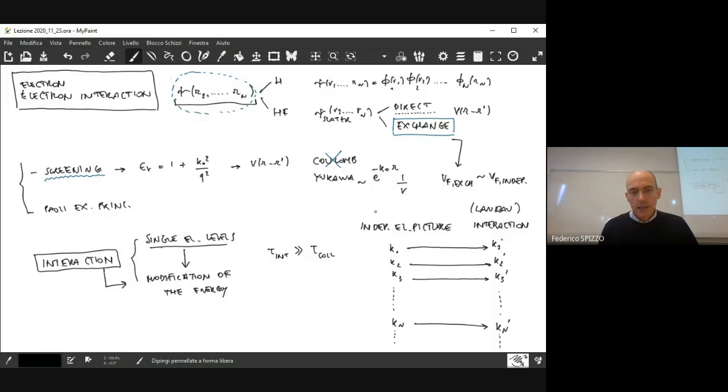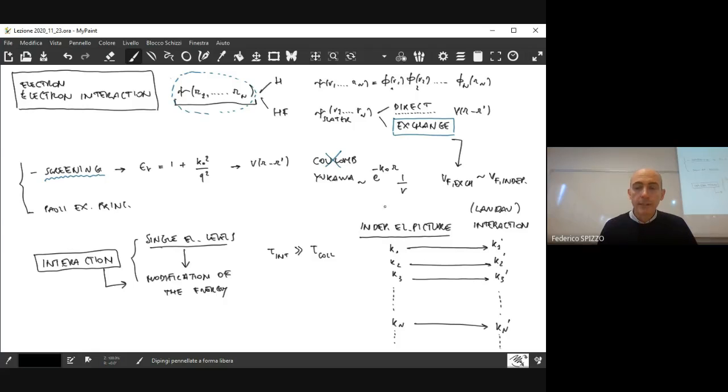Someone calls this electron a quasi-electron because it's not actually just an electron, but is an electron interacting with all the other electrons. So in this picture, if you were able to turn on the interaction, starting from the independent electron system, and as you increase the interaction, you always have this one-to-one correspondence between this system and the other system.